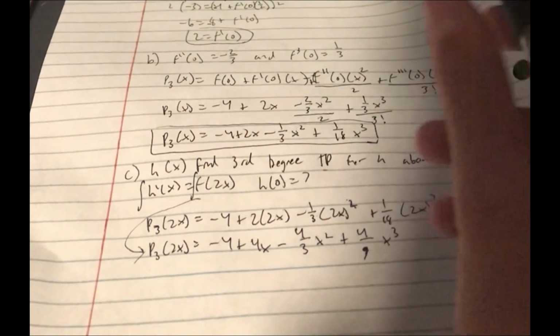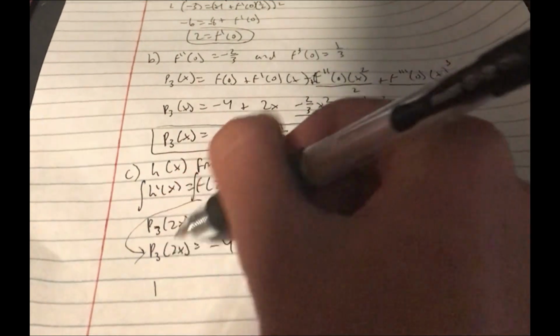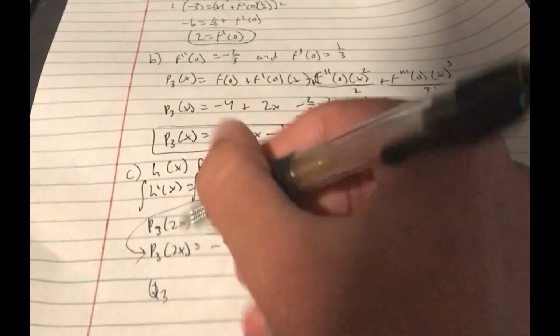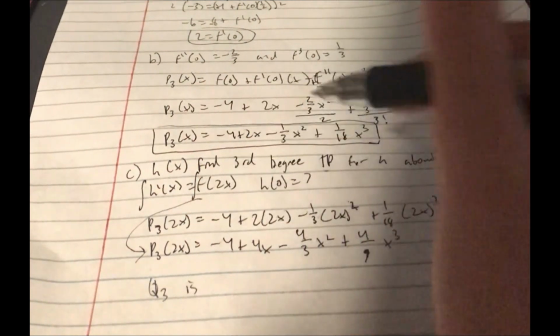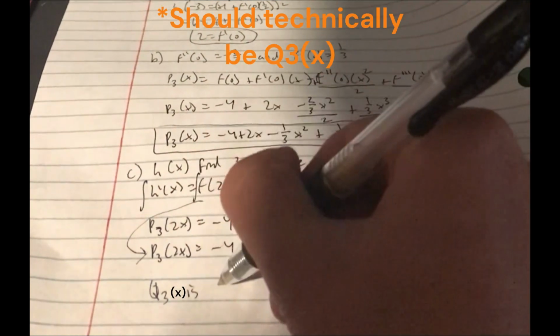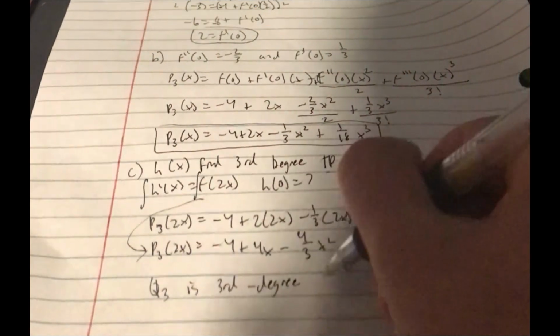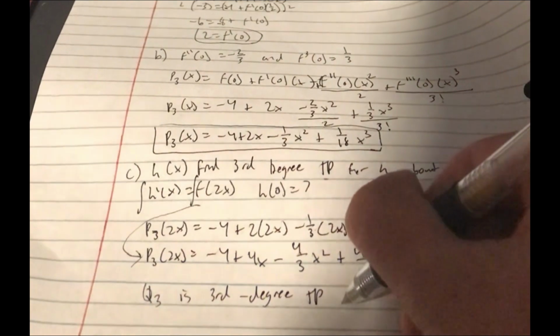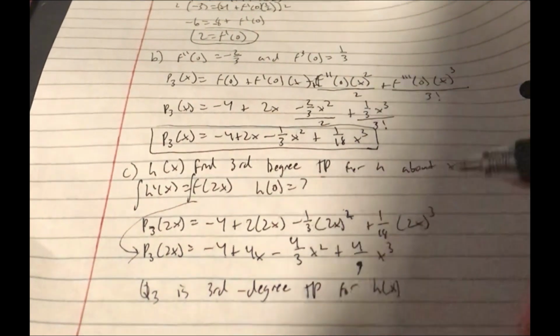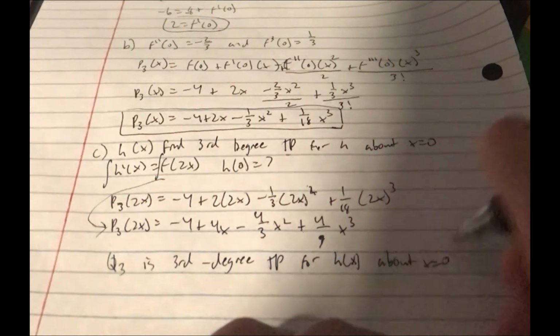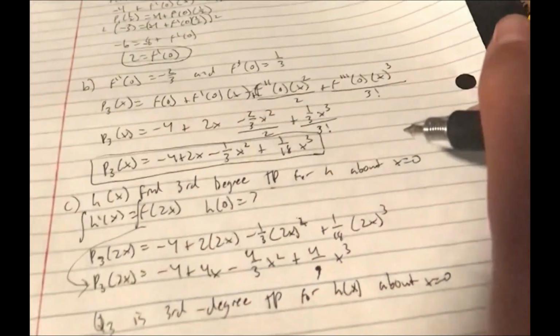Okay, so we're going to say q sub 3 is the third degree Taylor polynomial for h of x about x equals 0, just so we can keep the notation consistent.